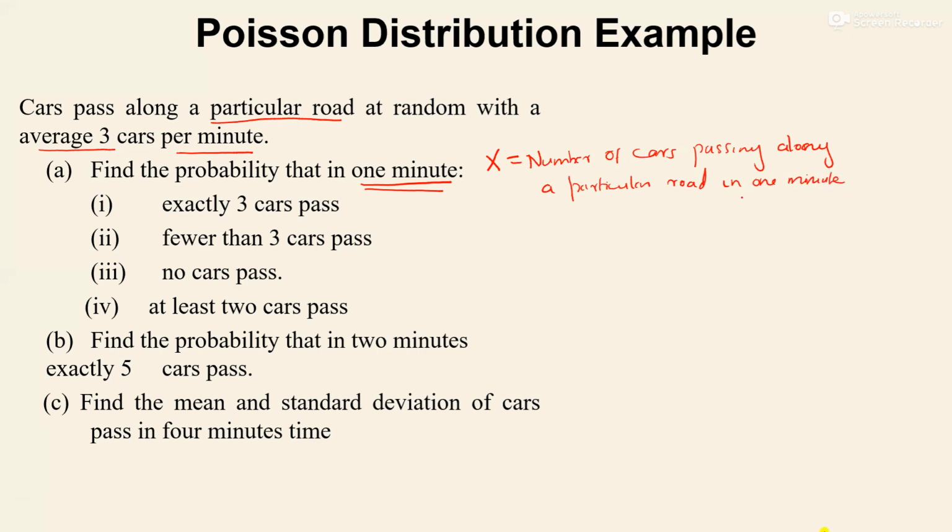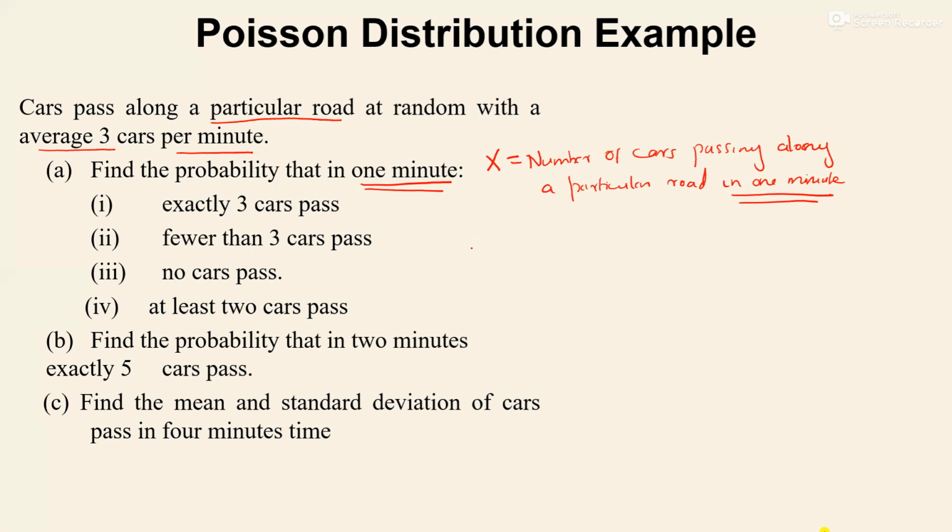In the binomial, we specify 5 trials or 10 trials. Similarly, here the interval or space you have to define when defining your random variable: X equals the number of cars passing along a particular road, and from this example, in 1 minute time. This is very important.